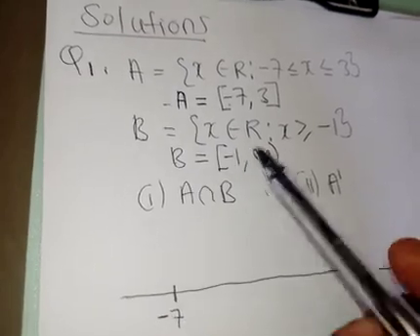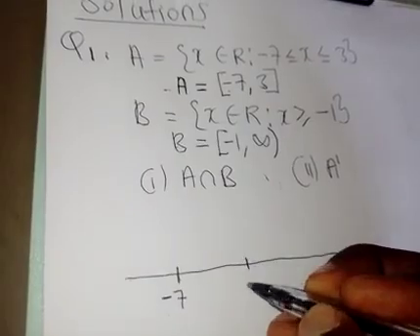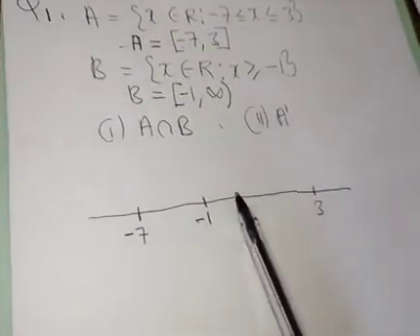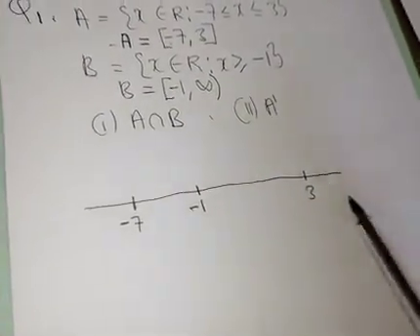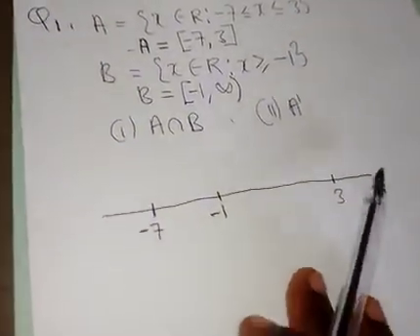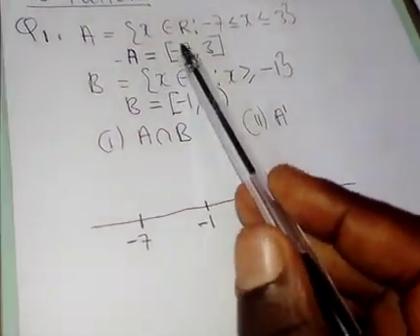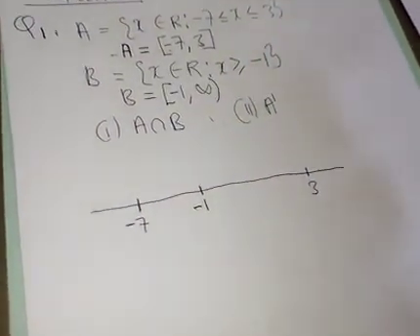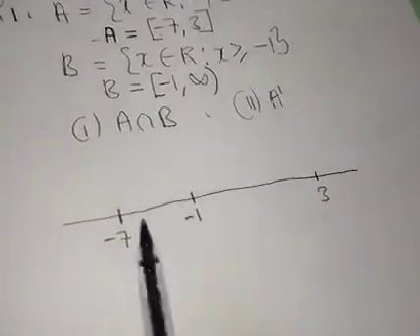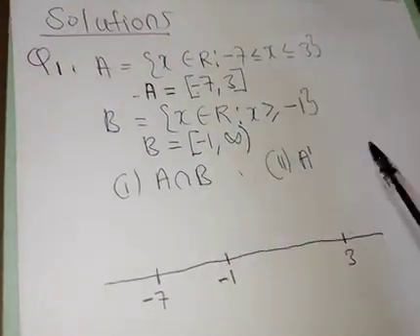Then this negative 1, of course you expect it to be somewhere this side, to the negatives. For this one, it's not necessary to show all the numbers. Let's say you show 0, 1, 2, 3, 4, 5, 6, 7, even this side, negative 1, negative 2, negative 3, what? Don't do that. What if you have negative 100 there? What are you going to do? Is it possible to list them all? Of course, the space won't be enough. So just show the numbers which you have there in your set, the first and the last one.